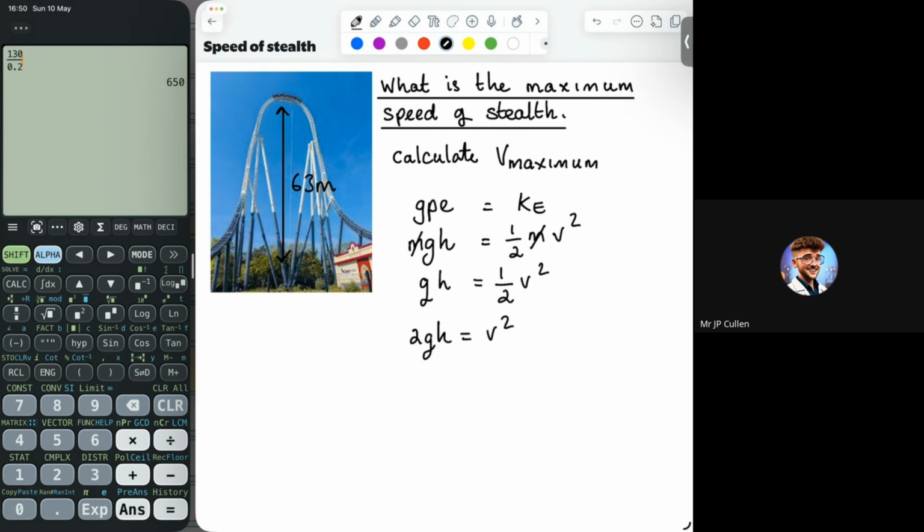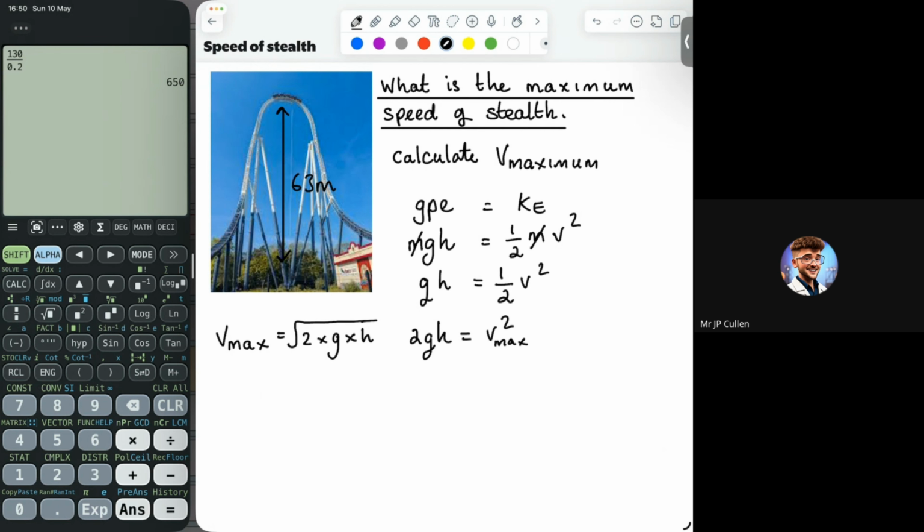Then we square root the other side, and we get that the maximum speed is equal to the square root of 2 times the gravitational field strength times the height.